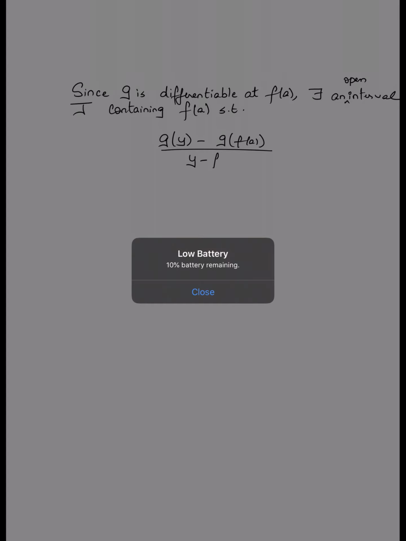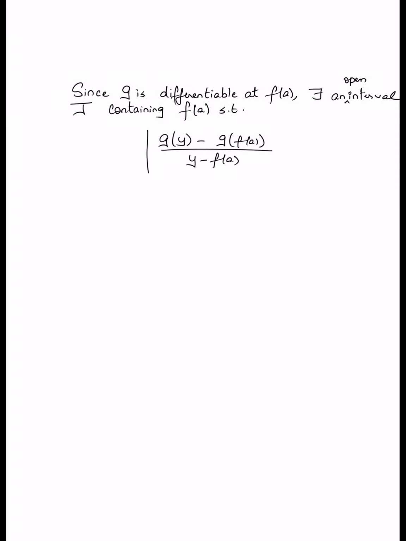By interval you can pretend this is an open interval J containing f(a), such that the following condition is true: the absolute value of (g(y) - g(f(a)))/(y - f(a)) is less than or equal to C for all y in J minus, of course, f(a), right? Because at f(a) this object is not well defined, right?